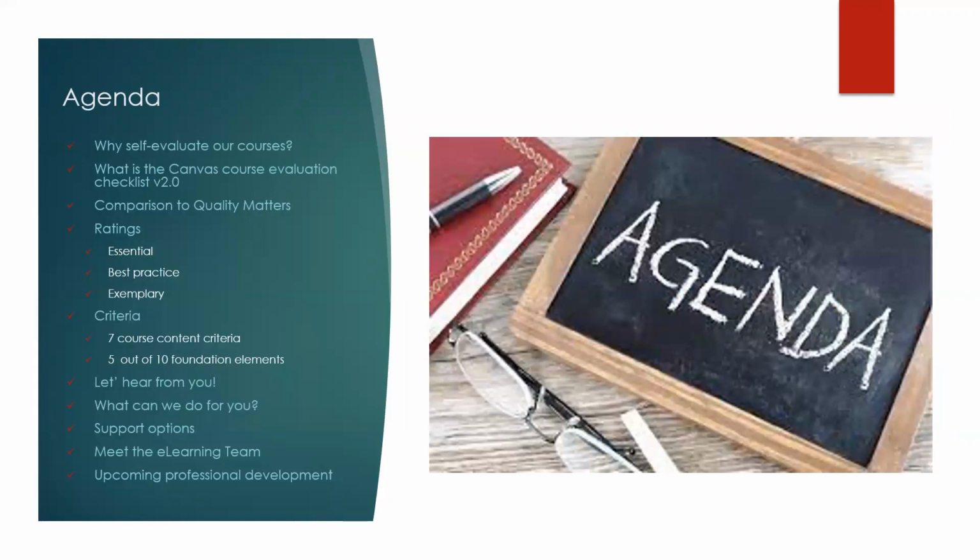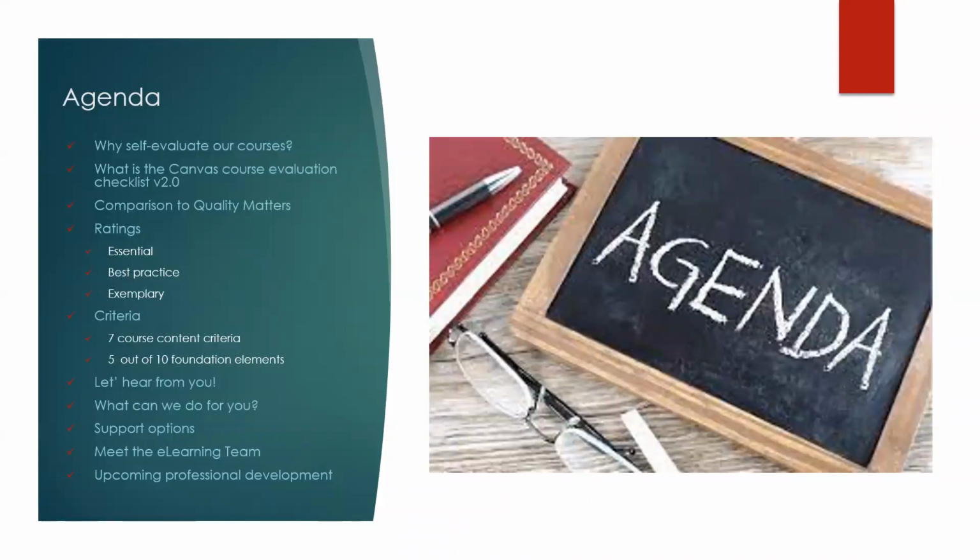All right, today's agenda. The first thing that we're going to start with is why are you self-evaluating your course? And we're going to talk a little bit about the importance of that. We're going to discuss what is the Canvas course evaluation checklist version 2.0. In the past, we have discussed Quality Matters, and we're going to compare this Canvas checklist to the Quality Matters rubric.